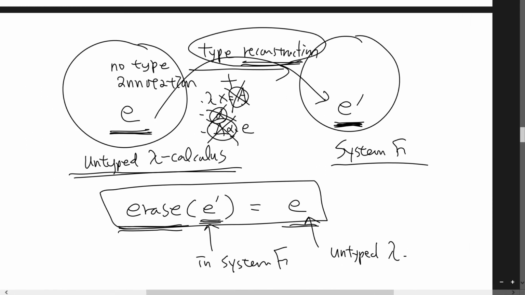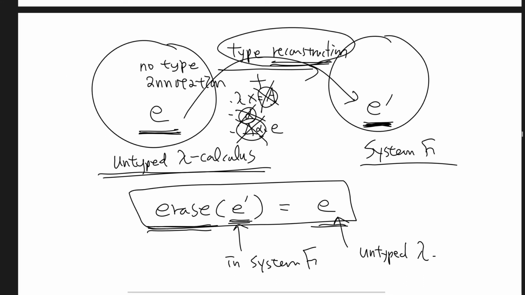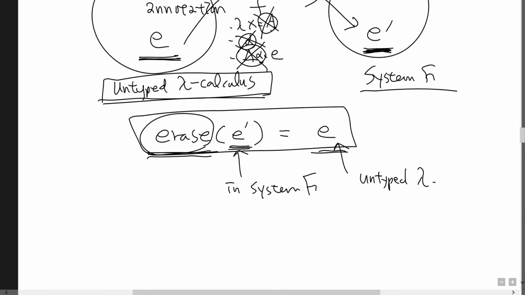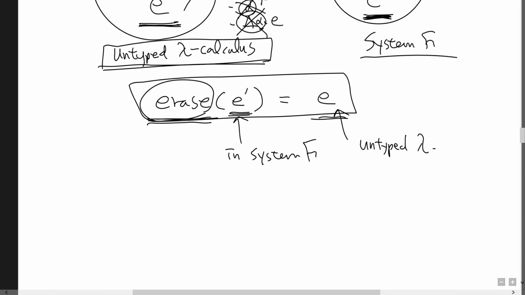So that's how we formulated the problem of type reconstruction in system F with respect to untyped lambda calculus. And it's pretty easy to define this eraser function. So let's write the definition. If you erase a variable x, there's nothing to erase.